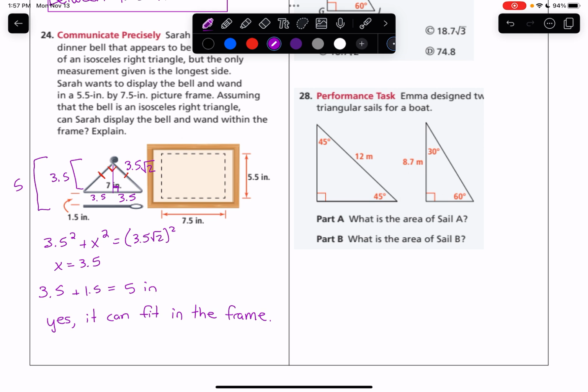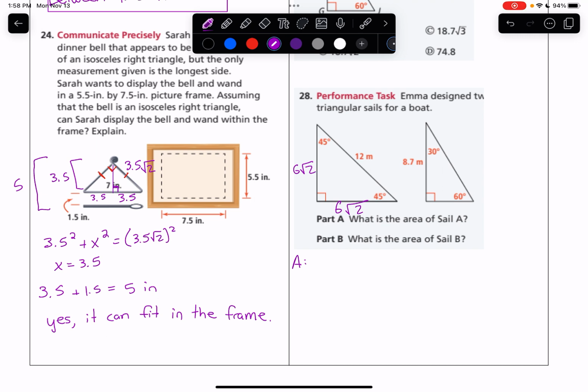What is the area of sail A and what is the area of sail B? So for A, if that hypotenuse is 12 and it's a 45, 45, 90 triangle, we can work backwards with some of our theorems and say that each of these 2 sides must be 6 root 2 and 6 root 2, right? Half the hypotenuse times the square root of 2.